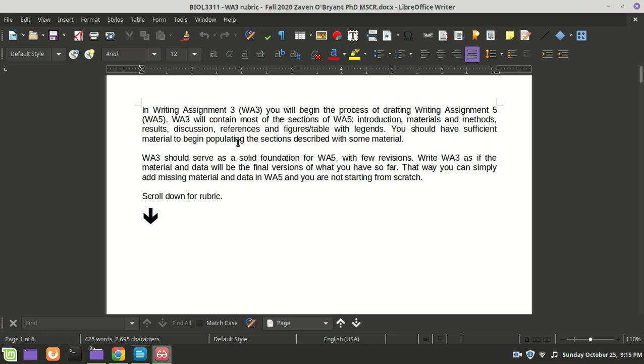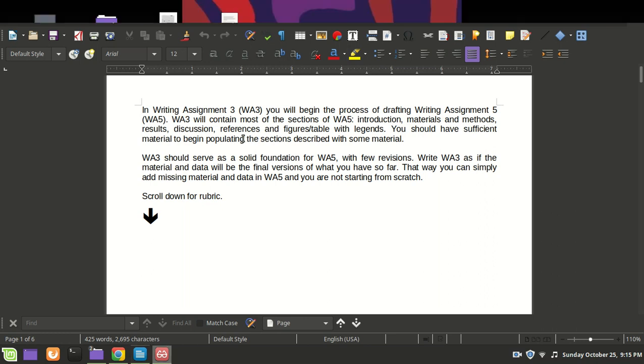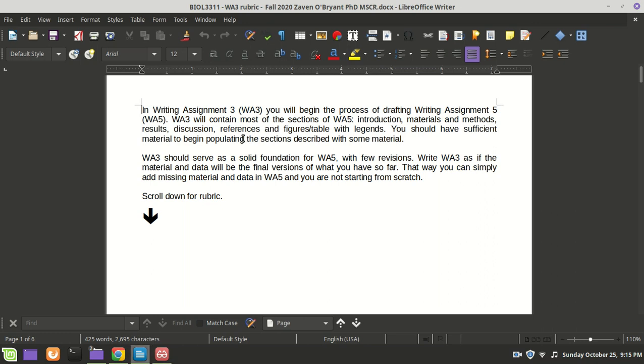So you should have enough by this point to start filling in some information, at least begin writing a paragraph or two, or hopefully more than that, for each of these sections. Like I said, it should serve as a solid foundation for WA5, so that you don't have too much to do at the end.